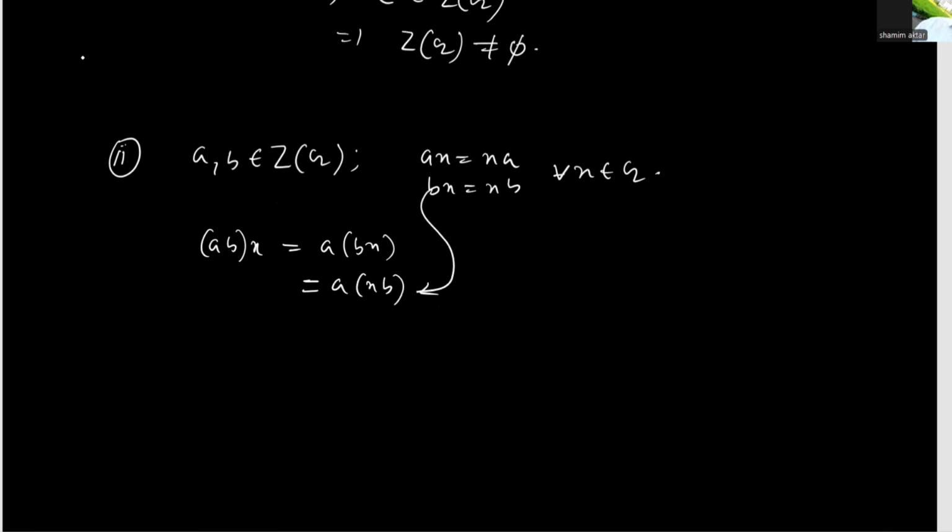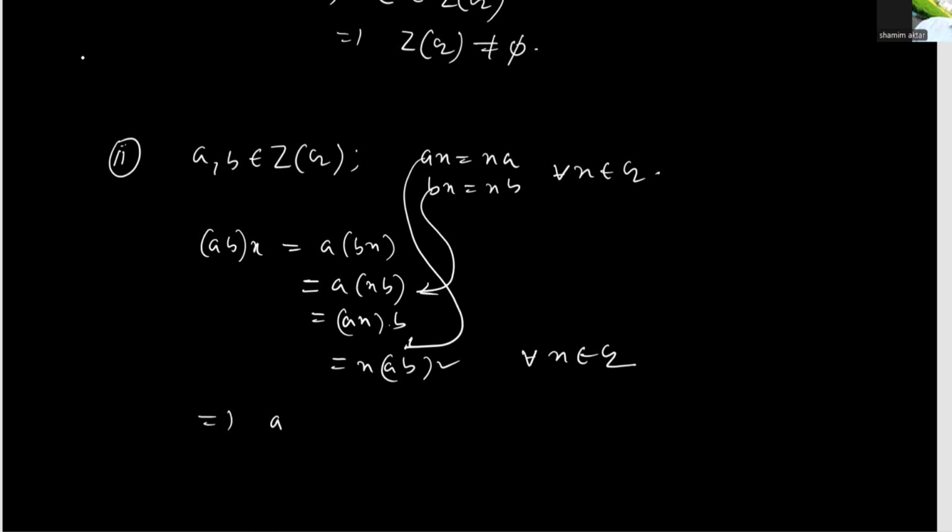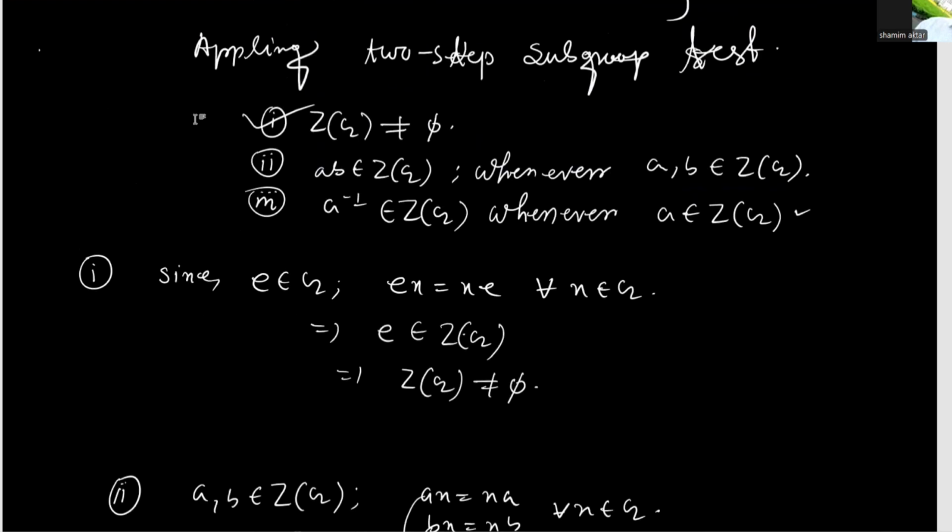Okay, so that is equal to (ax)b, and from here we have x(ab), for all x belonging to G. So ab commutes with every element of G. So this implies ab also belongs to the center of G. Okay, now the second condition is also satisfied.